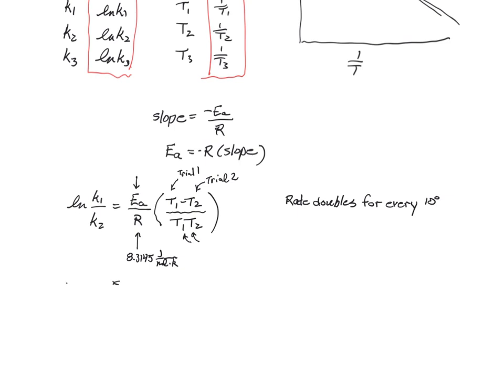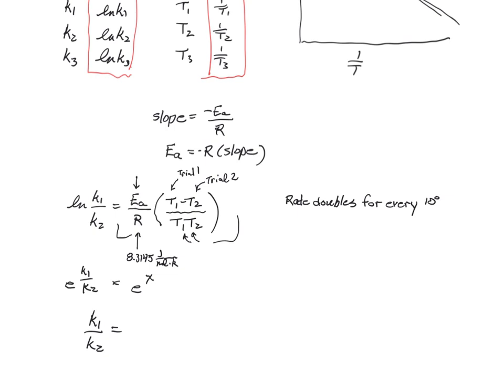where you'll be able to take e to the power of K1, K2, and set that equal to e to the power of whatever this big chunk is equal to. Okay, and you're going to get, as your answer, K1 over K2 equal to whatever e to that power of that big chunk was.